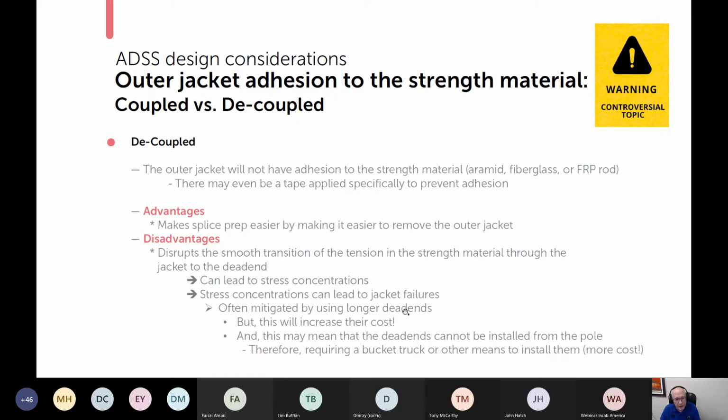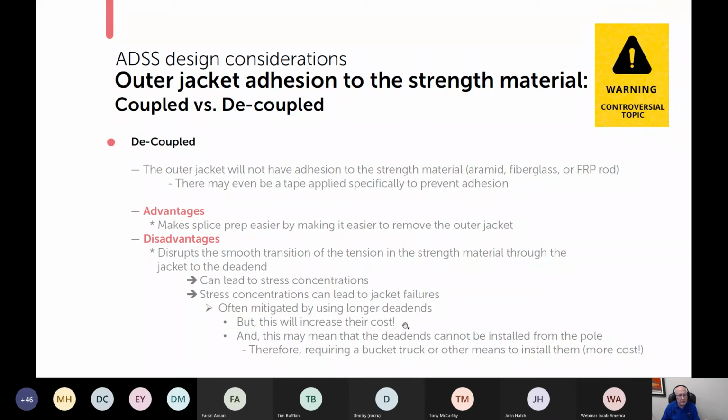And strictly speaking, that's true. You are compensating for this design aspect by making the dead end longer to give more distance for that transition of strength to occur.